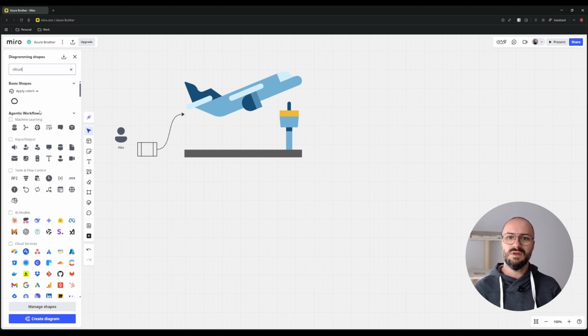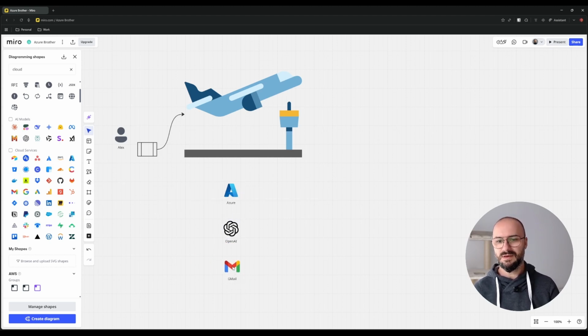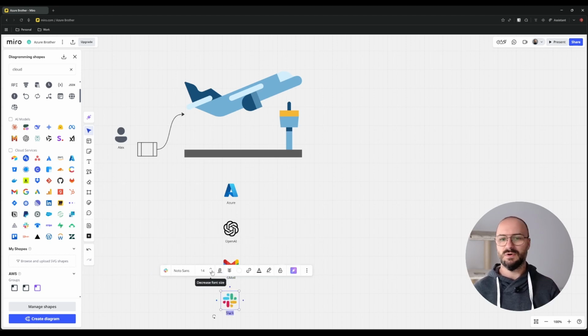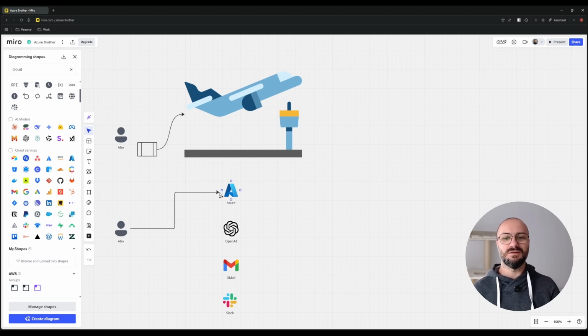Now, when it comes to the digital world, I have different applications or platforms that I would like to access. So be it that I check my mail, I access Slack at work, for example, or I use Azure, because I'm your Azure brother. I need to have an identity to access these platforms.